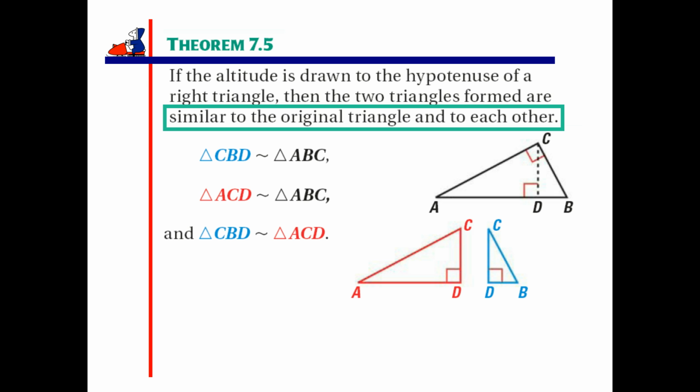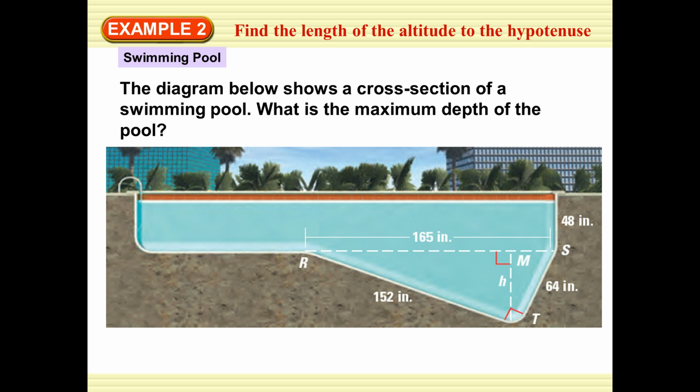So let's jump right into an example. I know I slipped and I went too far, so you might have seen it already, but here is our example for the day. It's a swimming pool, and I'd like to know how deep it is. And you can see that this swimming pool is constructed so that it's got a rectangular cross section that is 48 inches deep, but then it's got this deep end that starts in the middle somewhere and slopes down at some angle.